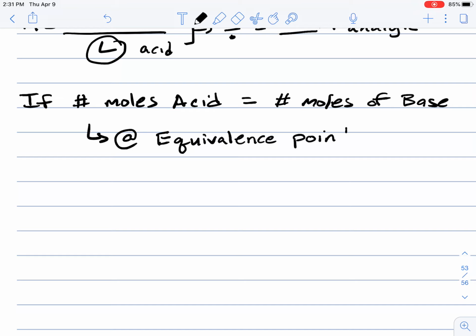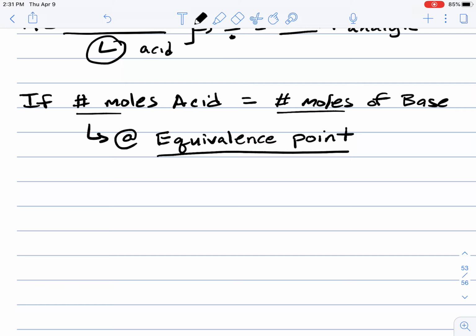So you are at a point in your titration when the stoichiometric relationship or equivalence is 1-to-1, right? So you have an equal number of moles of acid and base. So this is known as your equivalence point.